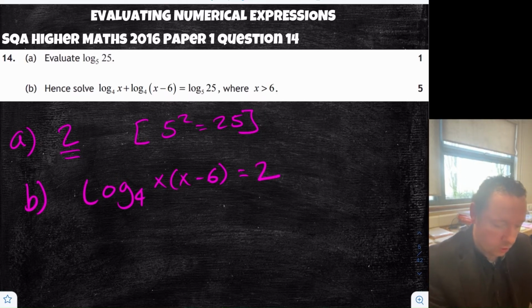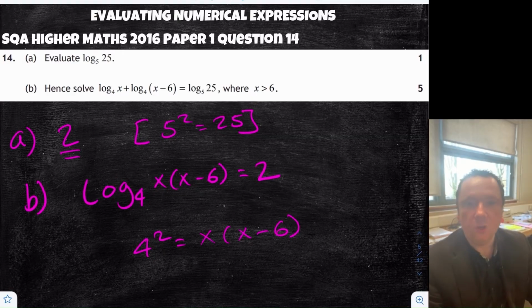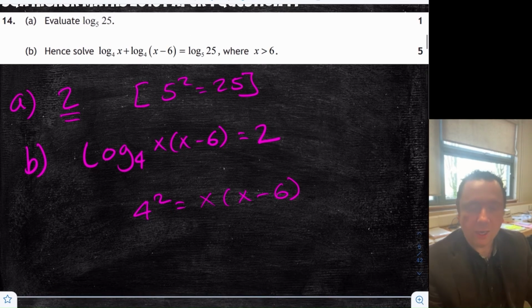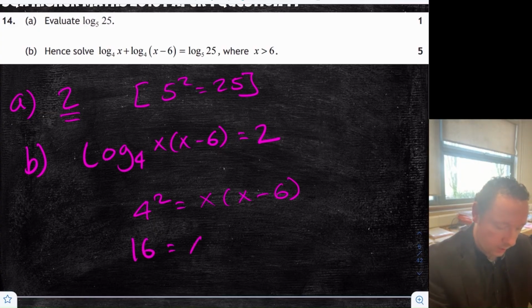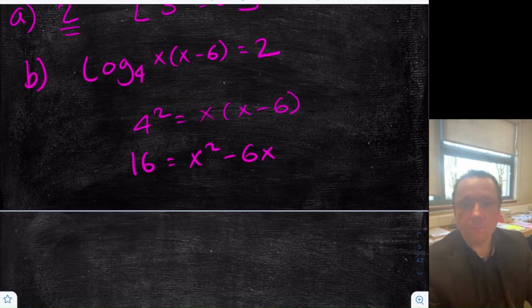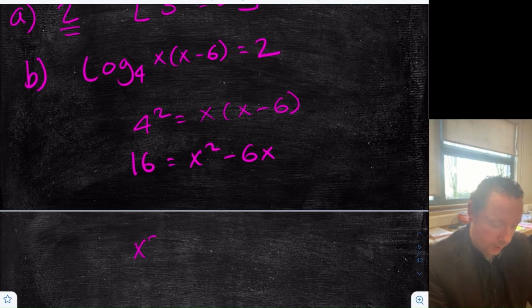So then we can use our rules of logs to say that it's the base to the power of 2 equals the left-hand side. So in other words, 4 squared equals x times x minus 6 to eliminate the log. Now we're just going to get a quadratic. 16 equals x squared minus 6x. Moving over to the same side, you get x squared minus 6x minus 16 equals 0.